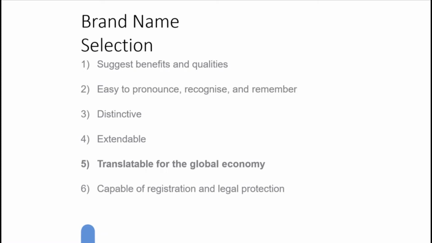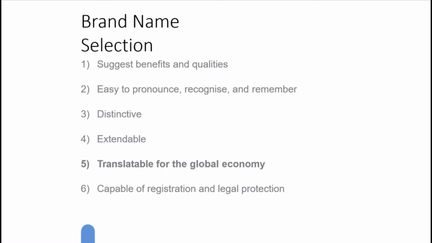Fifth, translatable for the global economy, which is very important in nowadays globalization. Sixth, capable of registration and legal protection. The most triggering and the most issue-causing point in these suggestions is translatable for the global economy.